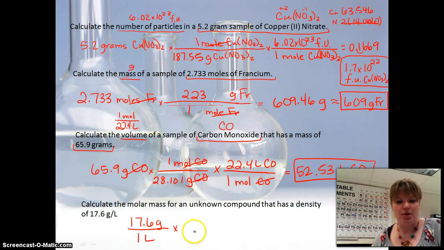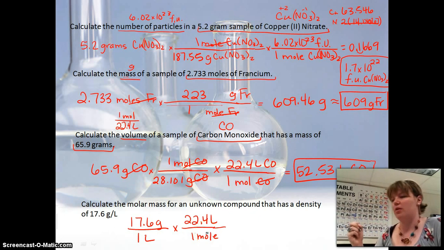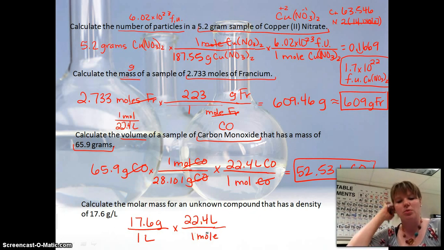And we would go ahead and put our volume conversion factor over here. So we do 22.4 liters on this side over 1 mole. And the reason this works is because grams per mole is what, when we calculate molar mass on the periodic table, that's what it's called, grams per mole.